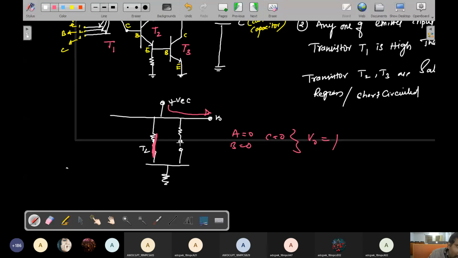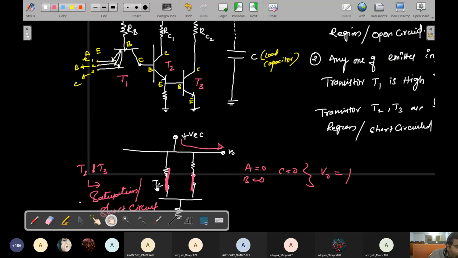Why? Because T2 and T3 both are in saturation condition. Saturation means a short circuit condition, because the input is high.